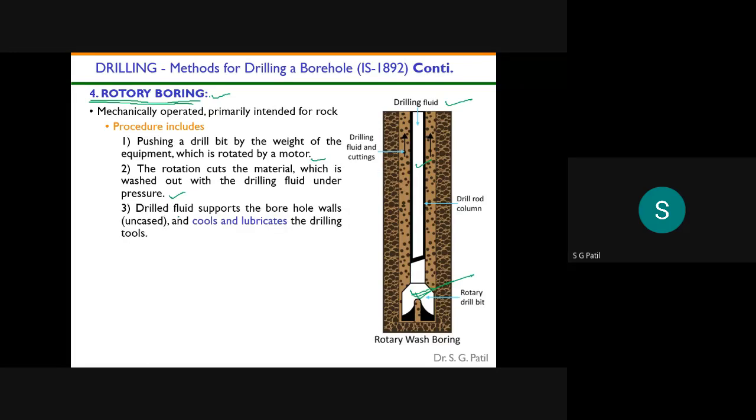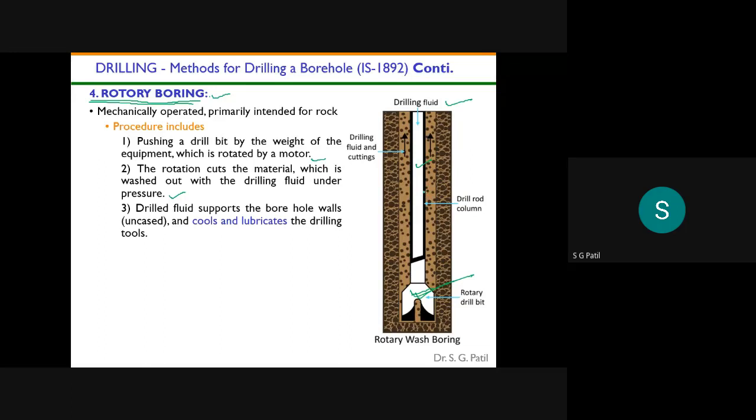Then the drilling fluid supports the borehole wall, and it will lubricate the drilling tool also. So whatever drill fluid we push inside this drilling rod will have two functions. One is it will support the borehole so that it will not collapse. How it will support, I will tell you in the coming slide.